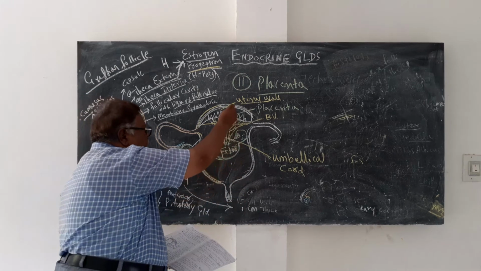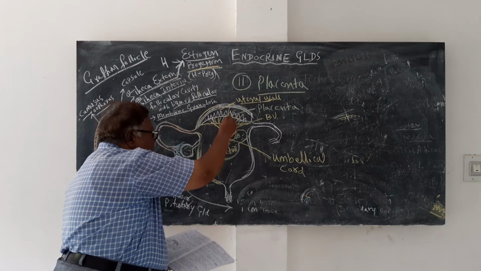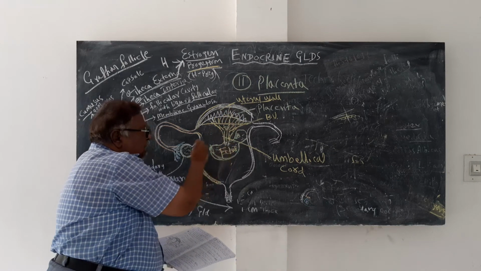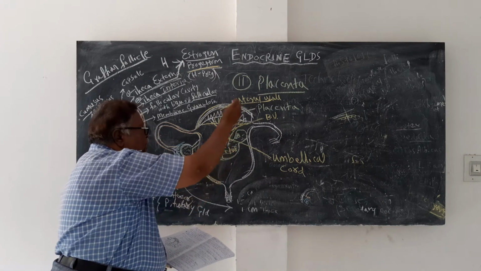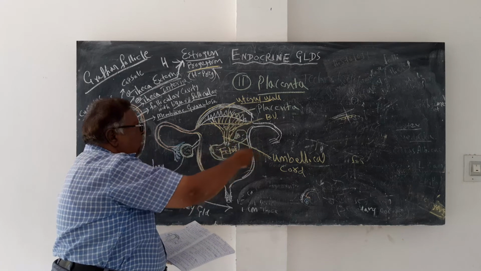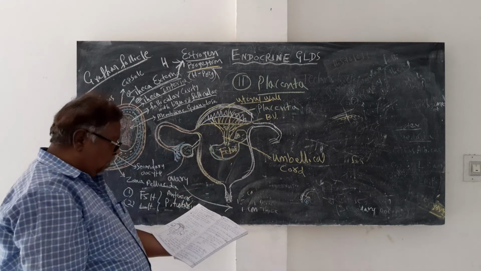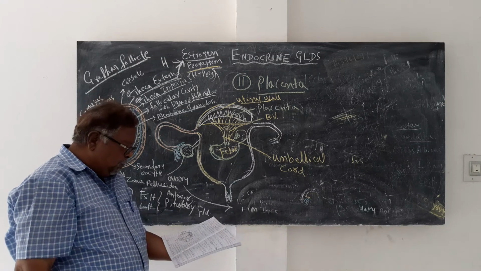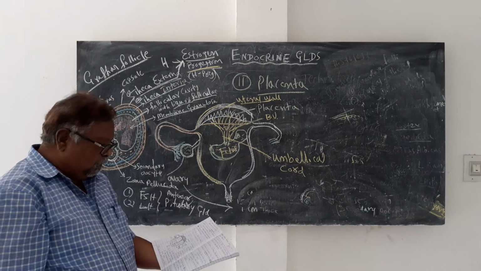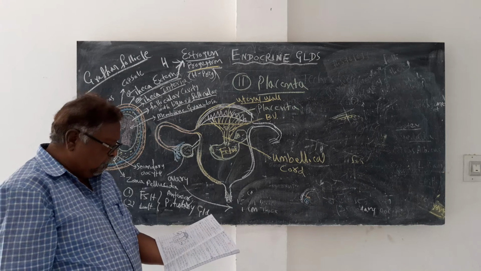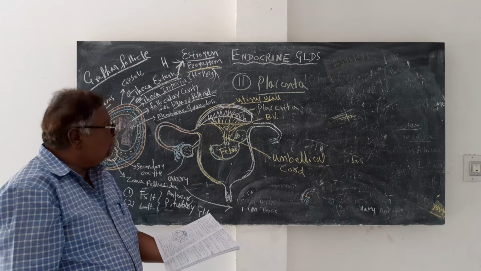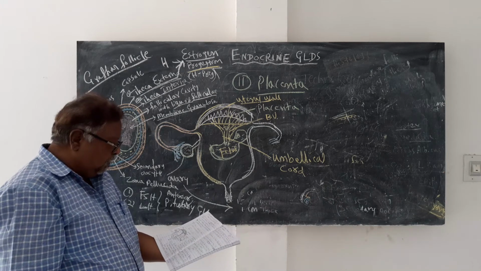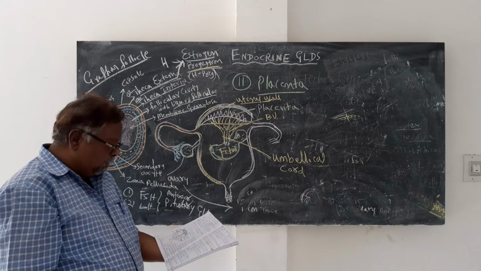The mother's blood supply comes here and goes inside the fetus. The waste produced is given out and goes out in the blood of the mother. Gas exchange also takes place, thermoregulation continues, and waste elimination takes place, all through the placenta, from the fetus to the mother.